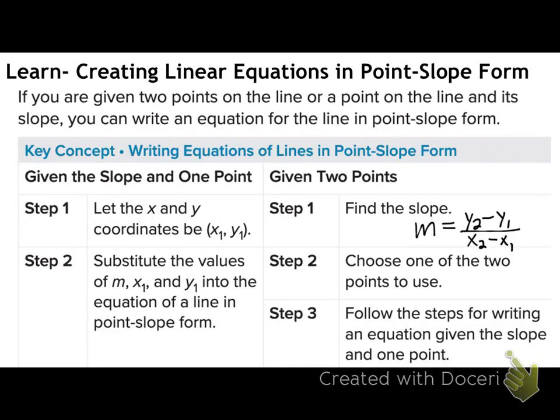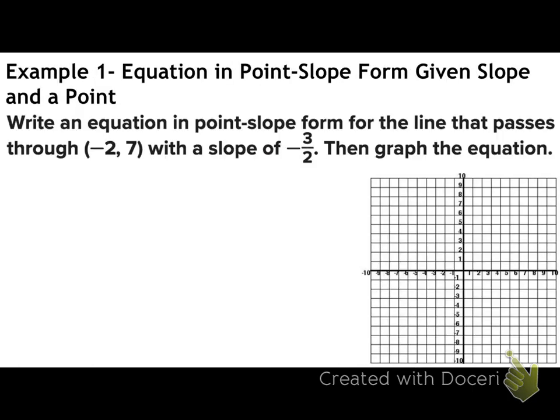That way you can know, hey, I'm given the slope and 1 point, I've got to follow these 2 steps. Or, hey, I'm just given 2 points, so I've got to follow these 3 steps. Everyone should have these steps written down in their notes. Can I move on, or are we still writing? Okay, I'll give you a few more seconds.